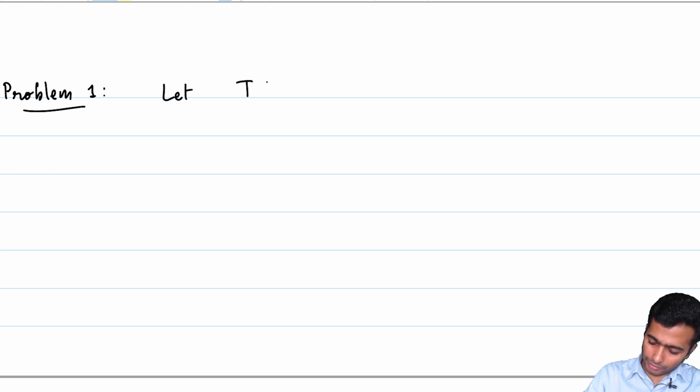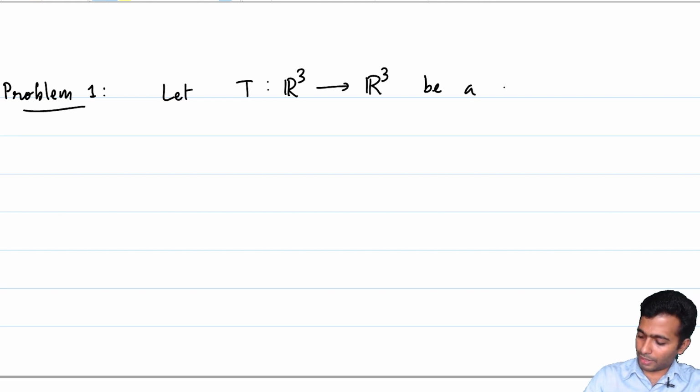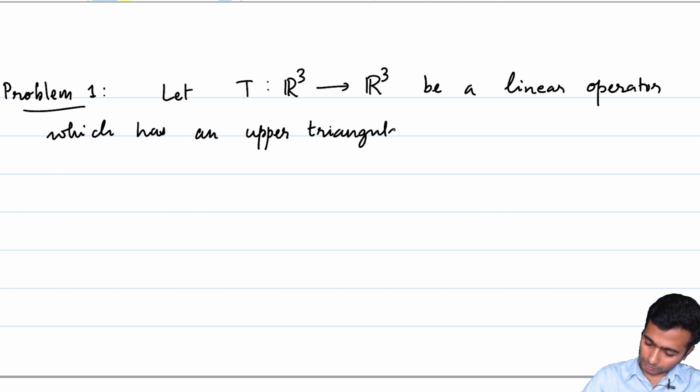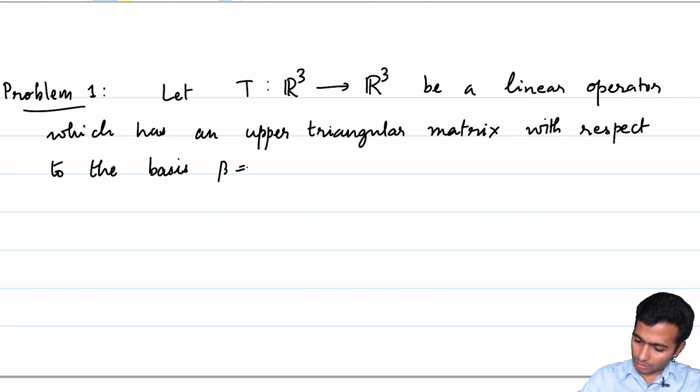Let T from R3 to itself be a linear operator which has an upper triangular matrix with respect to a given basis, let's call it beta, which is given by (1, 0, 0), (1, 1, 1) and (1, 1, 2).